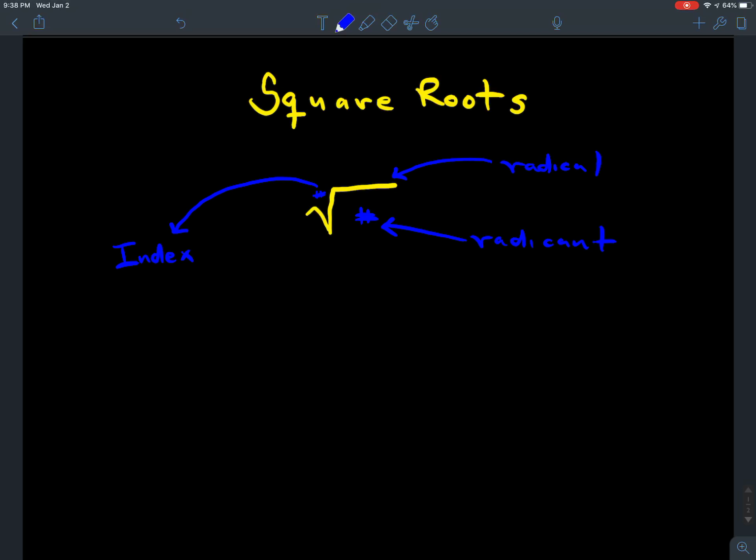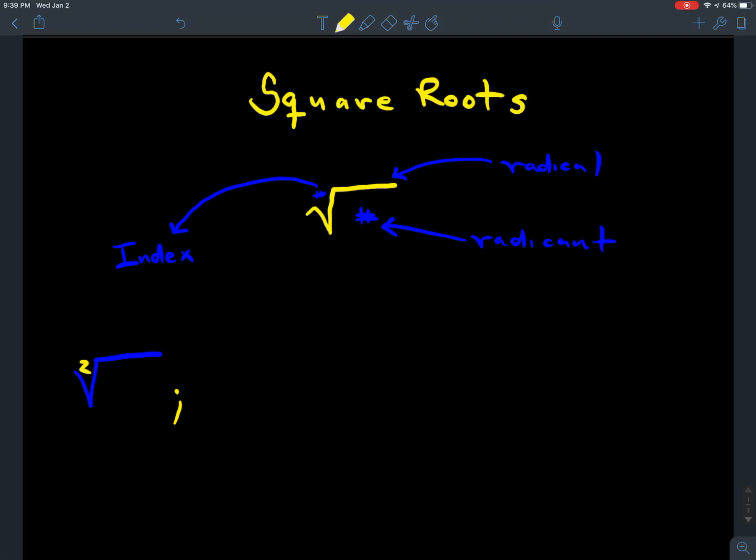And what I want to explain is the only case where you won't see a number inside the radical in the index slot is when it looks like this. But just know there's an invisible 2 right there.